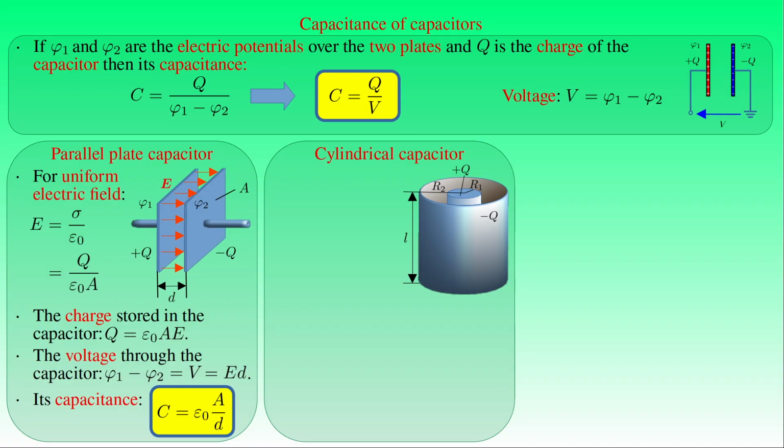As a result, the electric field depends only on the radius R measured from the axis of the cylinders and points radially outward from the axis. Let us choose a cylinder of the radius R as a Gaussian surface where the radius R is between the radii R1 and R2.